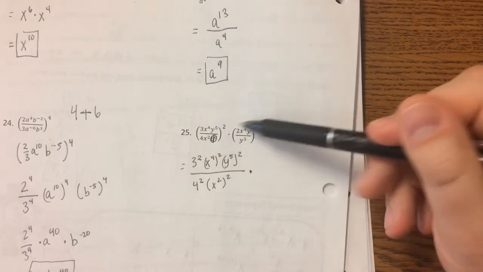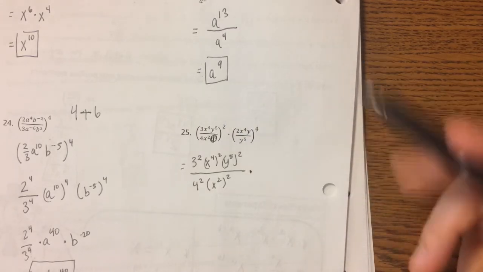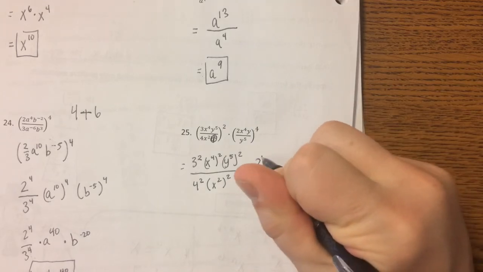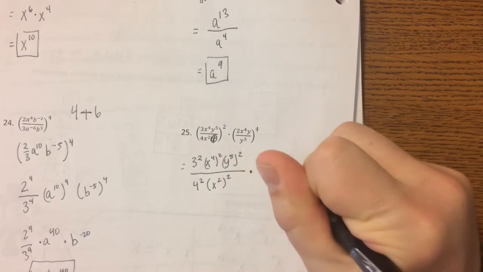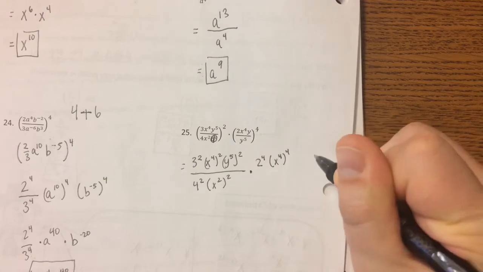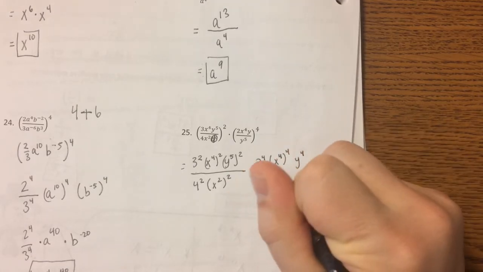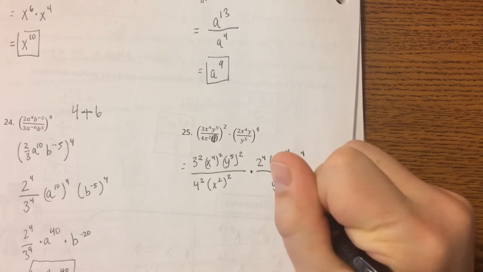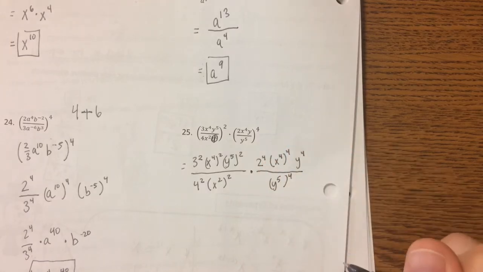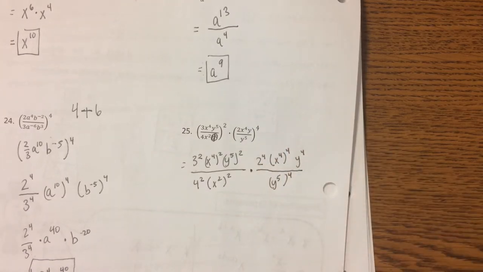So now I'm going to do this other fraction over here. We've got 2 to the 4th times x to the 4th times y to the 4th over y to the 5th to the 4th. So we've got a lot of stuff happening here.